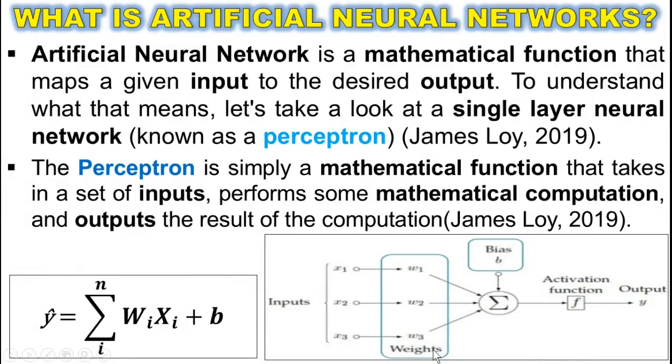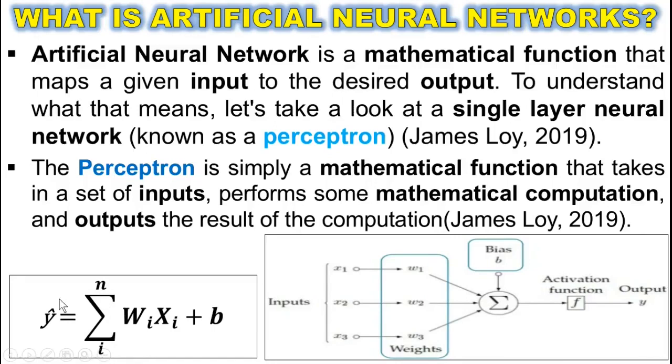An artificial neural network is a mathematical function that maps a given input to the desired output. To understand what that means, let's take a look at a single-layer neural network known as perceptron. The perceptron is a mathematical function that takes in a set of inputs, performs some mathematical computation, and outputs the result of the computation.